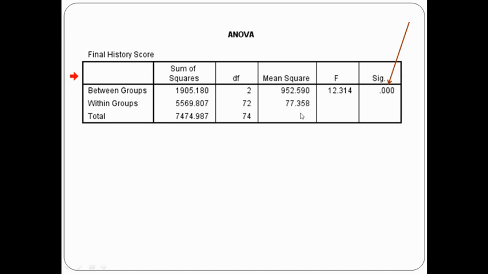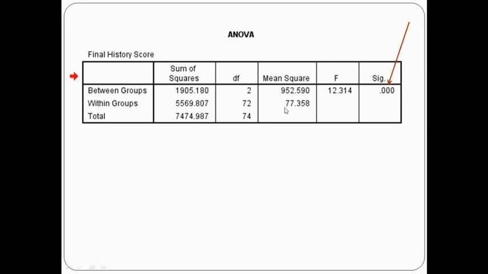The next question is, where do the mean squares here come from? Well, each of them comes from dividing a sum of squares for between groups by its degree of freedom. In this case, 1905.18 divided by 2, the mean square is 952.59.